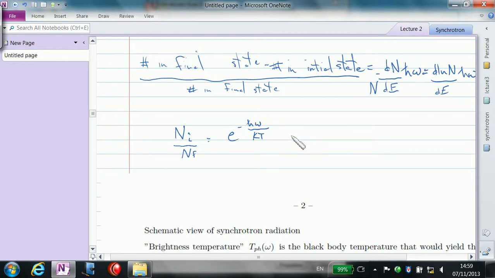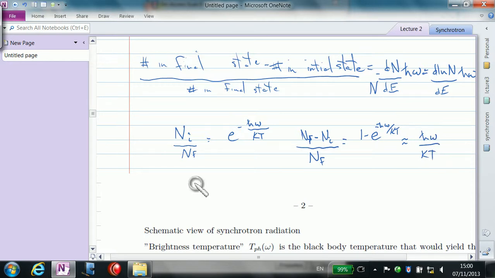So n final minus n initial over n final is 1 minus e to the minus h omega over kT, which is equal to h omega over kT.